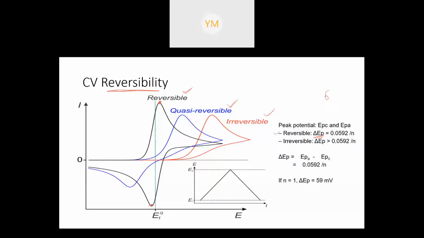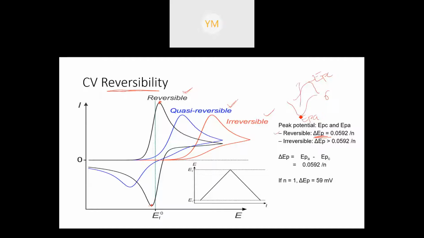So you look at this black voltammogram. That is called reversible. Why reversible? The separation between the peak potentials: let's say this is EPC, and by the US convention, the downward one is EPA.